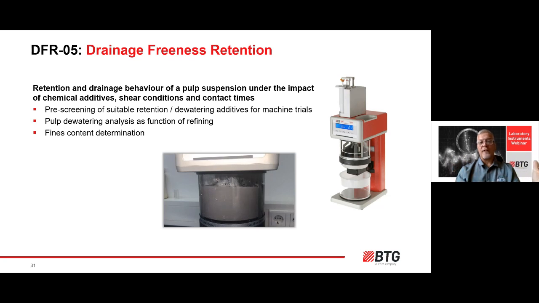In an afternoon, you can screen 10 different products effectively with multiple repeats and multiple dosages and really get good information on the dewatering, what the retention looks like, the impact of the molecular weight and charge changes you're making to the small solids that pass through.